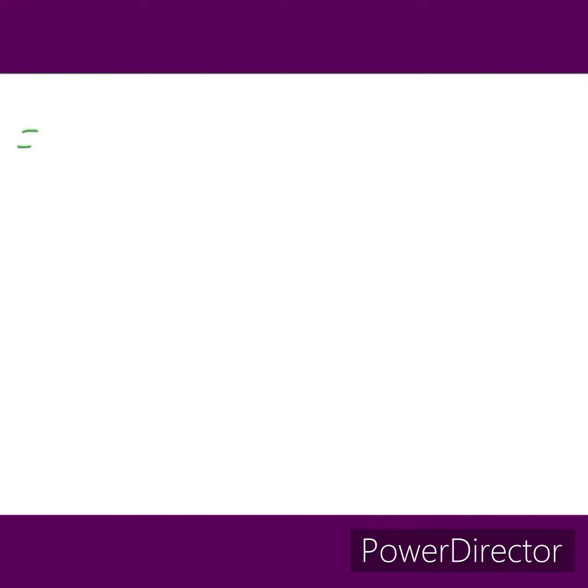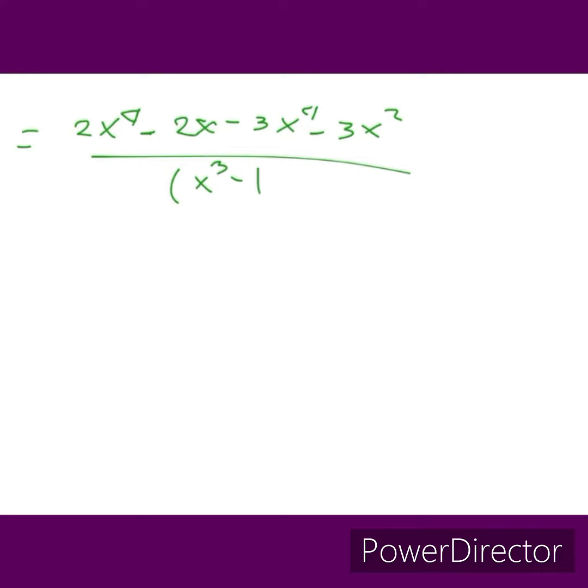Equals 2x raised to the fourth minus 2x minus 3x raised to the fourth minus 3x squared all over x cubed minus 1 squared.